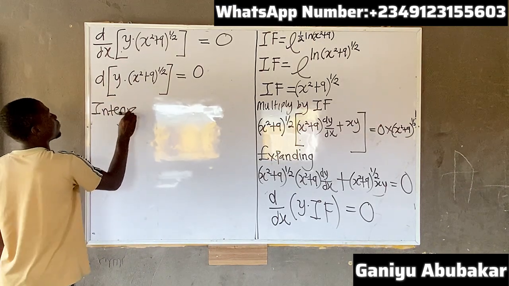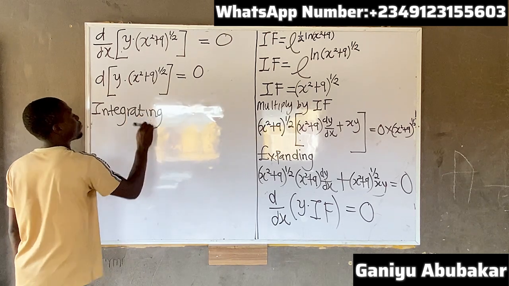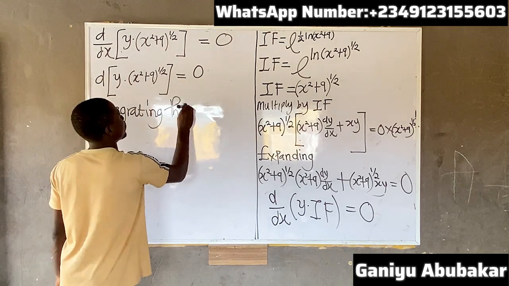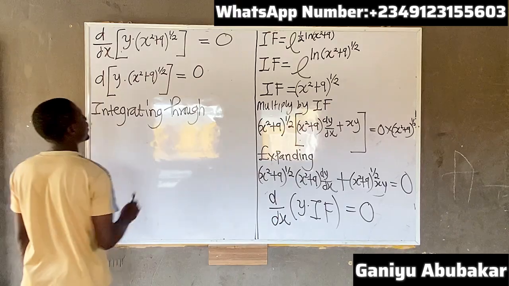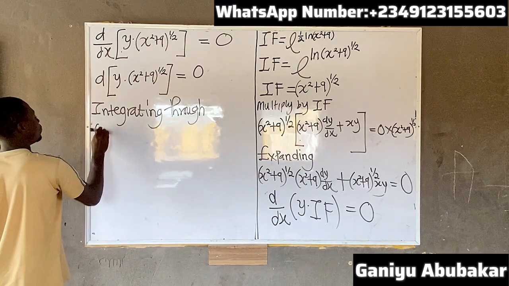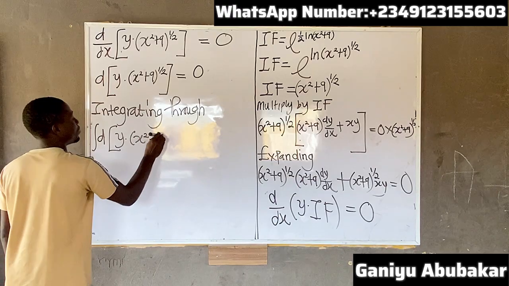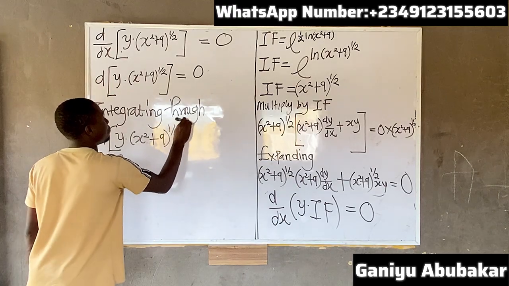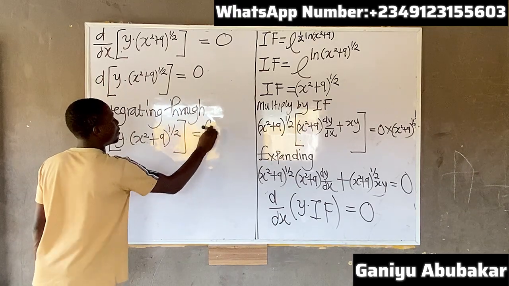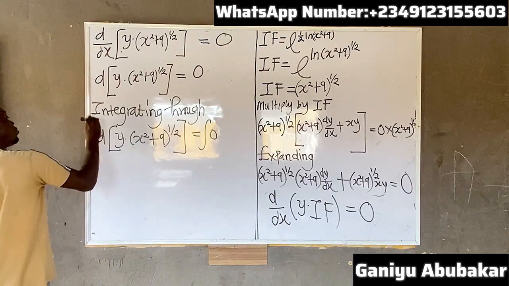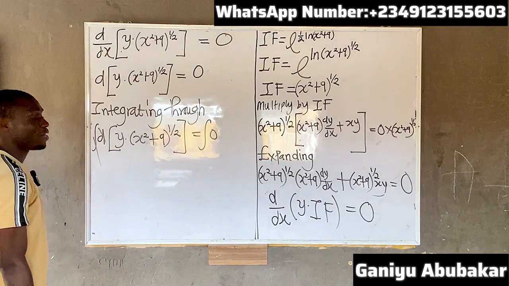Integrating through, that gives you the integral of d into y dot (x squared plus 9) to the power half equals the integral of 0. The integral cancels the differential.